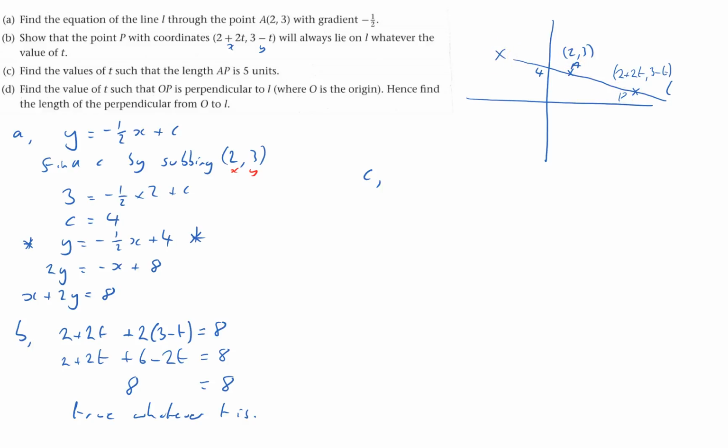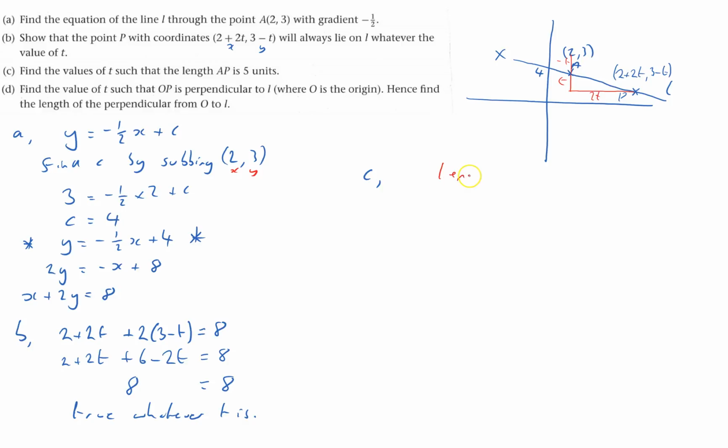So what have we got? I'll do it in red. It's got to come down here from 3 down to 3 minus t, so that bit will be t, or I suppose it would be up here at minus t, and that's 2, and this one here is 2 plus 2t, so that's 2t, so there we go.